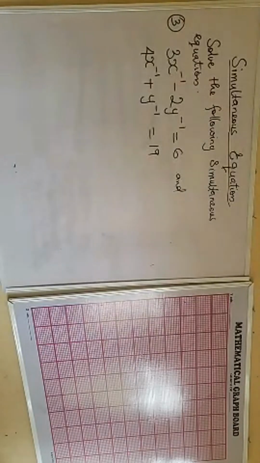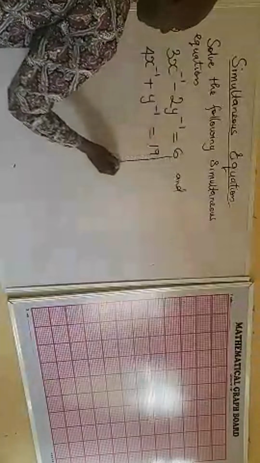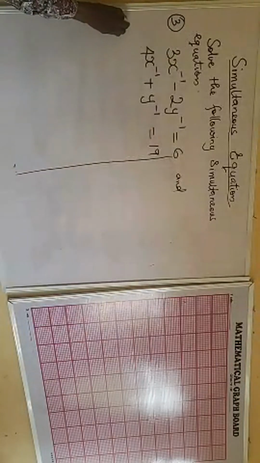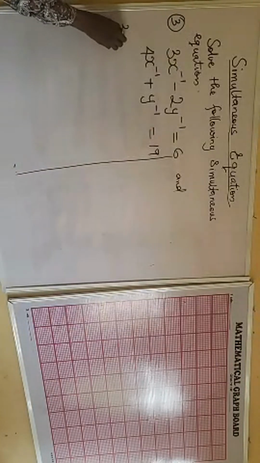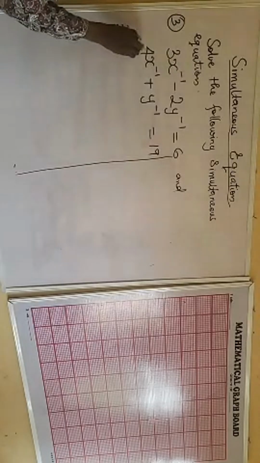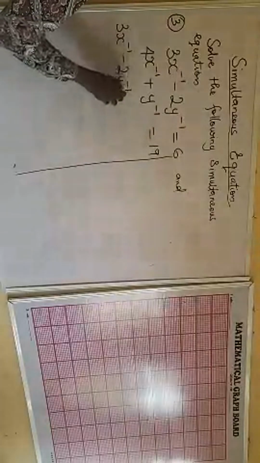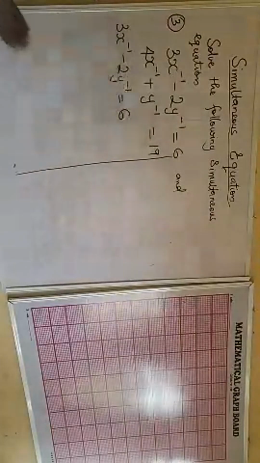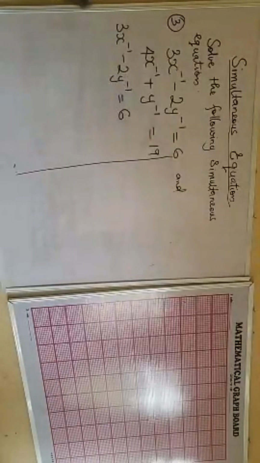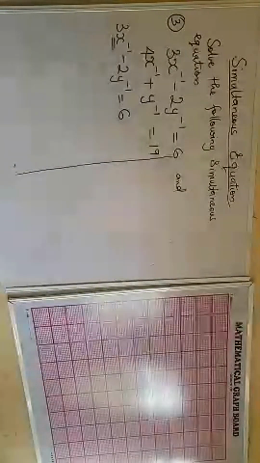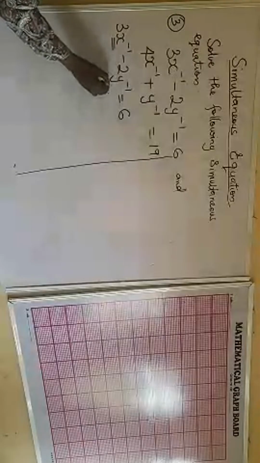So I'm going to say 3x raised to the power of minus 1 minus 2y raised to the power of minus 1 is equal to 6. Law of indices. This is a negative index.